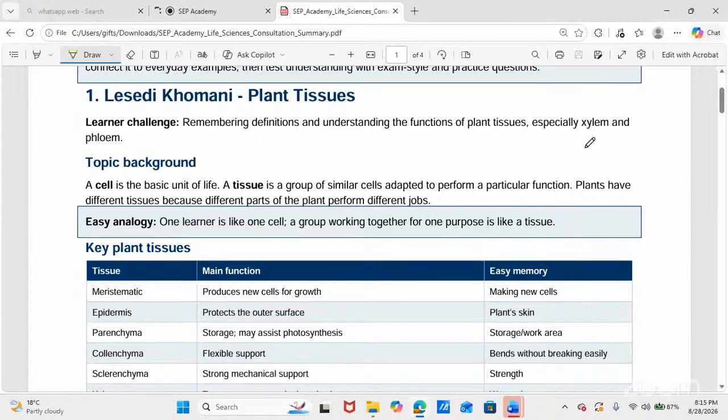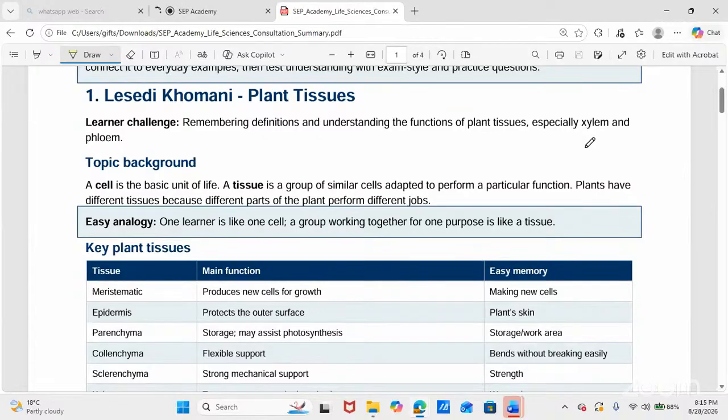Cells combine and group themselves into a certain tissue. An example would be if you have one learner, you have one cell, and if you have a group of learners, you have a tissue that is built up.